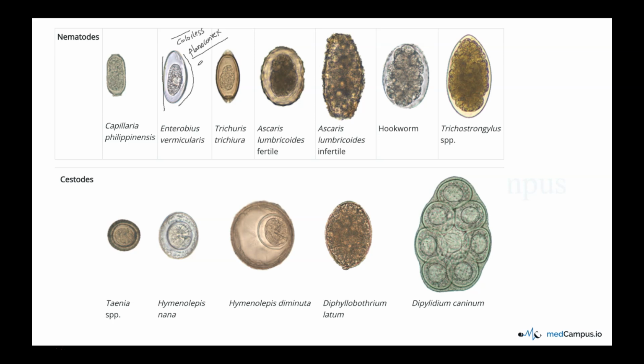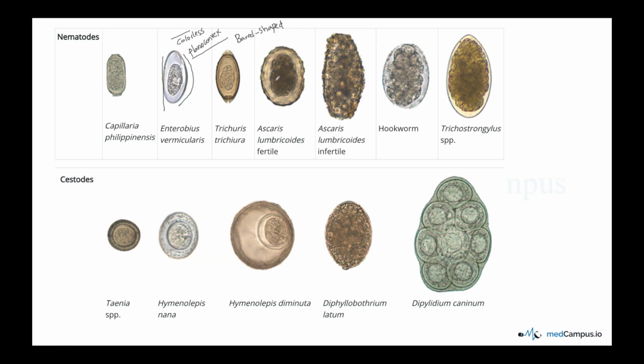So this is done. So what is the next thing which you need to look at? The next one is Trichuris trichiura, and it has the characteristic shape, that is, as you can see, it is a barrel shaped elongated egg. What is the character of Trichuris trichiura? Please repeat.